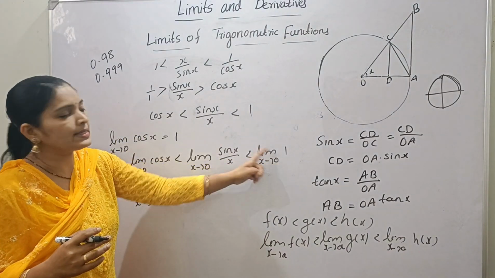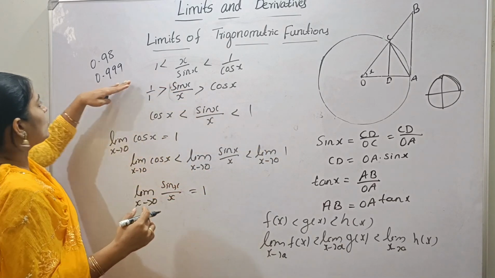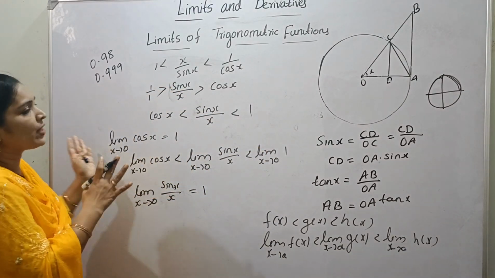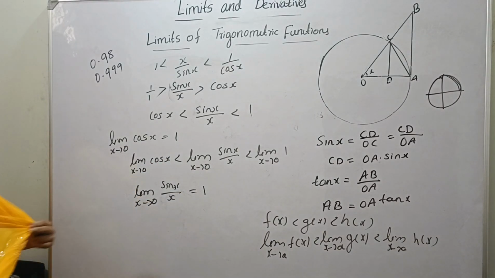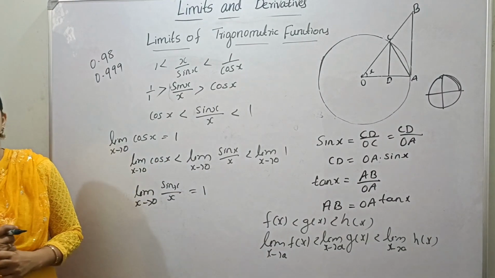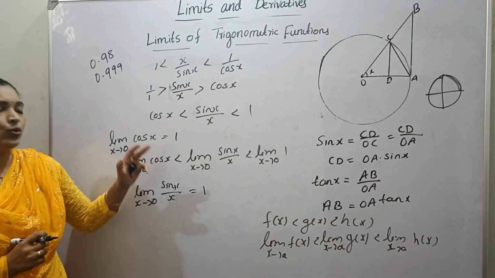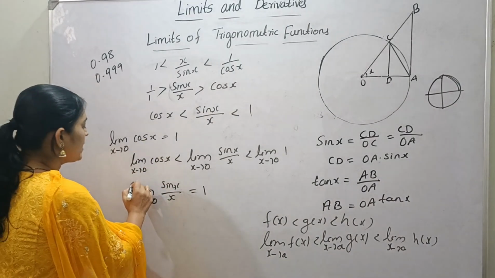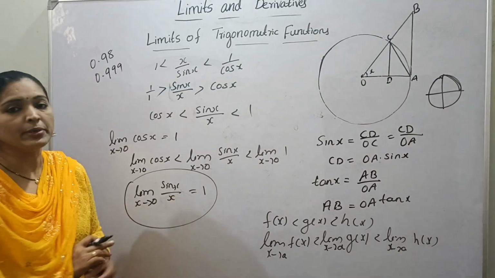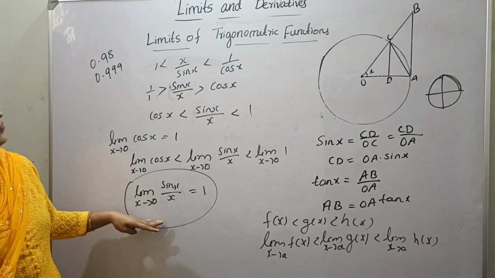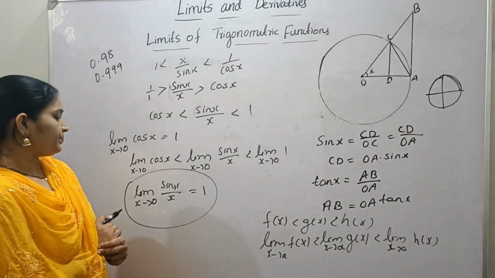Therefore it should be less than 1 and very close to 1. So we can write the limit as x tends to 0 of sin x by x is equal to 1. It is very important, the standard trigonometric limit formula.